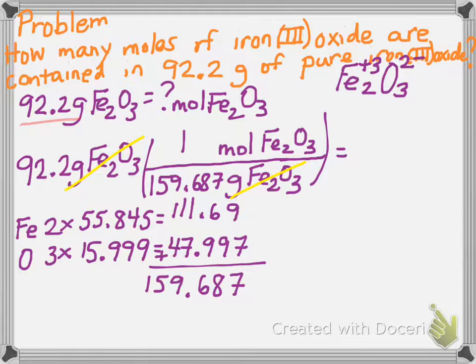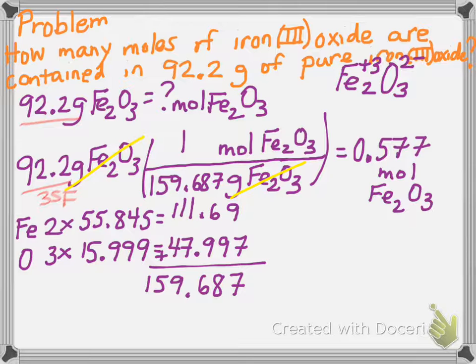And again, I have 3 sig figs, so my answer needs to have 3 significant figures. So you should get about 0.577 moles, we have to have units, of iron 3 oxide. So this is our answer.